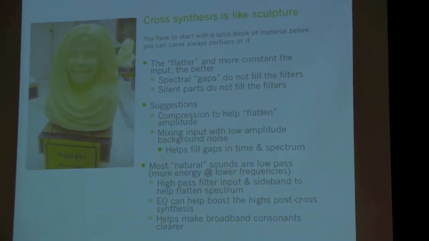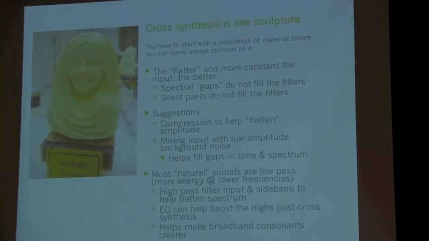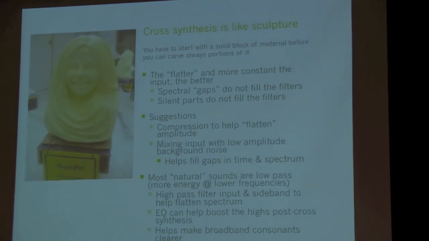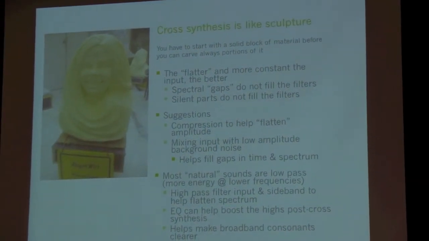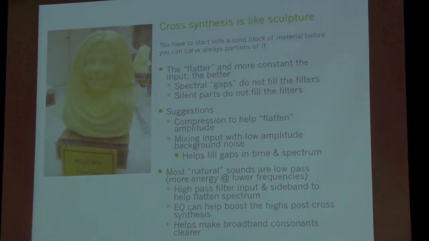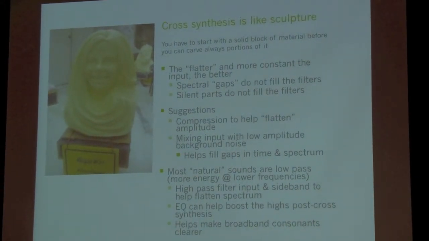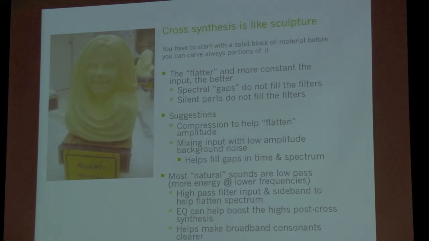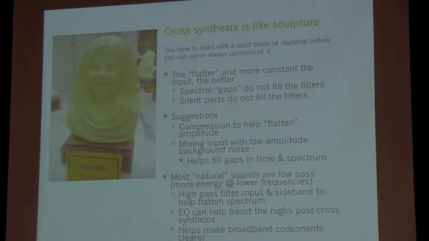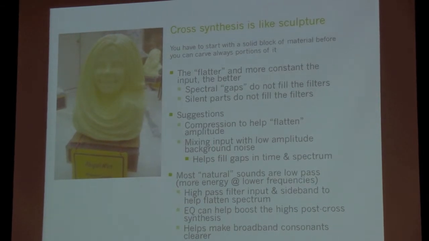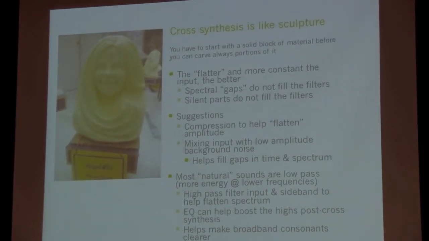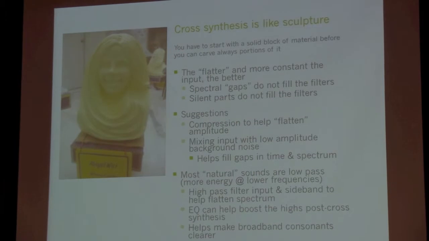And it can also help if you fill in any gaps, like if there are silences in the thing that you're cross-synthesizing with. It can help to have either background noise or mix several things together, just so there's always something there so that you can start taking away from it. Otherwise, you can't take away from it.